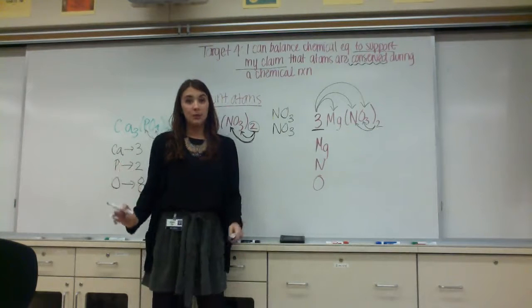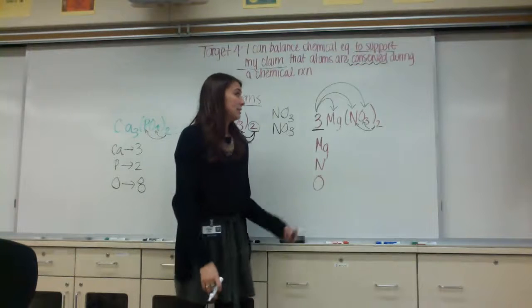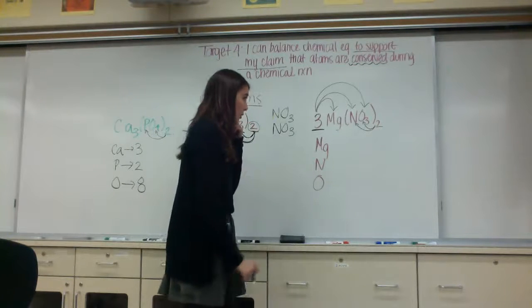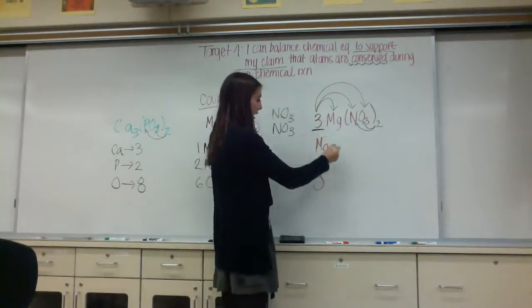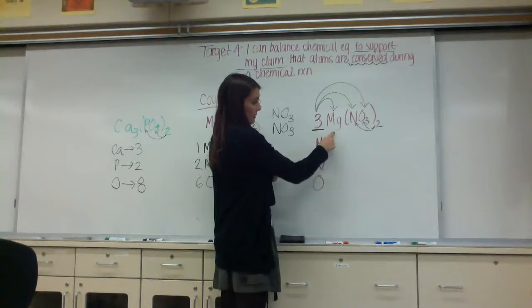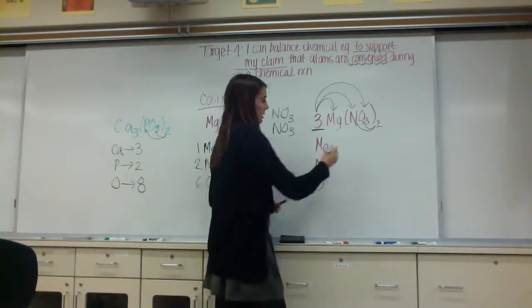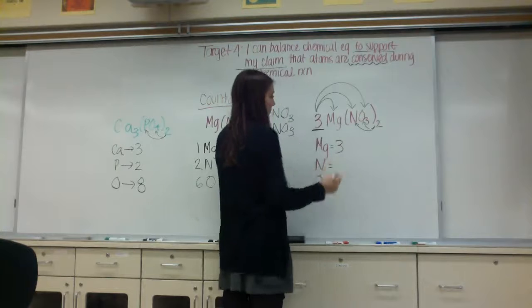Whoa. Okay, so this is a lot. Let's think about it step by step. I want to find out how many Mg. The 3 goes to my magnesium. Is there any other subscript that I should worry about? Nope. So there's 3 magnesium.